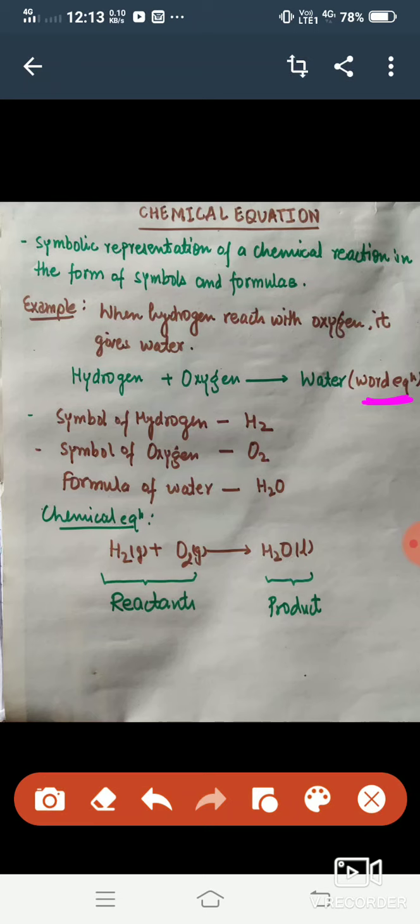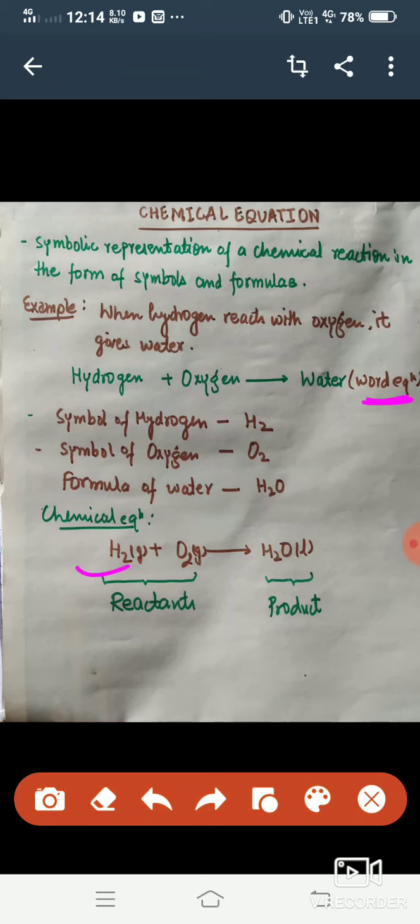If we write this word equation as a chemical equation, we have to know the symbols of the elements and the formulae of the compounds. The symbol of hydrogen is H2, the symbol of oxygen is O2, and the formula of water is H2O. So the chemical equation of that word equation will be H2 plus O2 gives H2O.